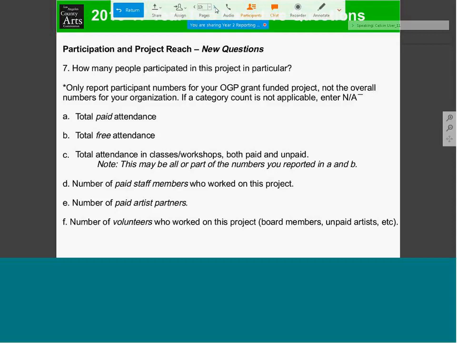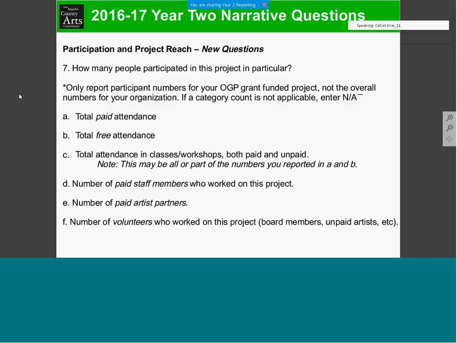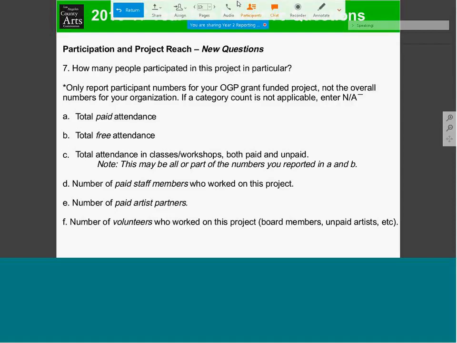You'll see that A, we are requesting your total paid attendance, B, total free attendance, C, attendance in classes and workshops, which can include both paid and unpaid. If one of these does not apply to your organization or the grant-funded project, then you may respond NA. Something else to note. When an organization is requesting funding in support of a staff member, then you are responding to the artistic programming that this staff member has helped to facilitate in support of your organization's mission.